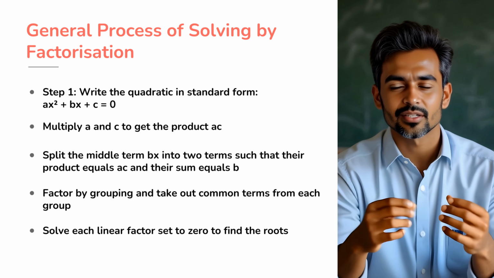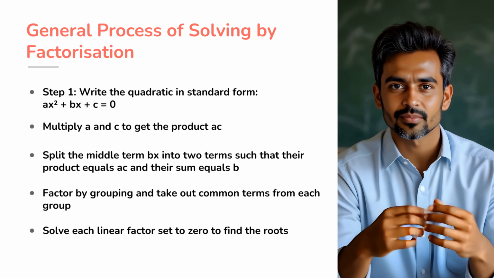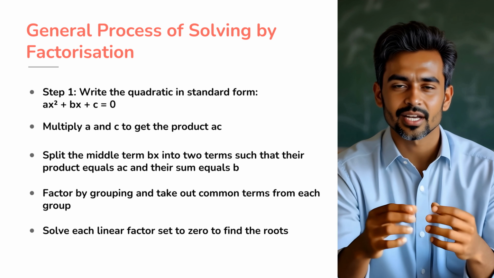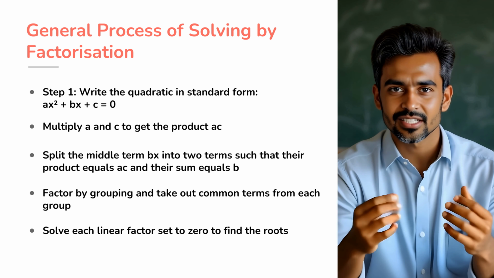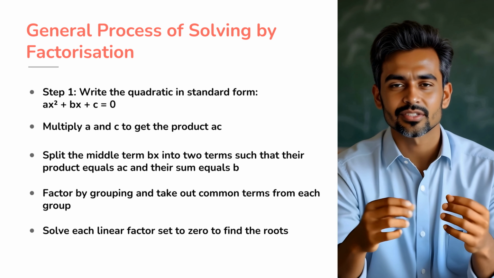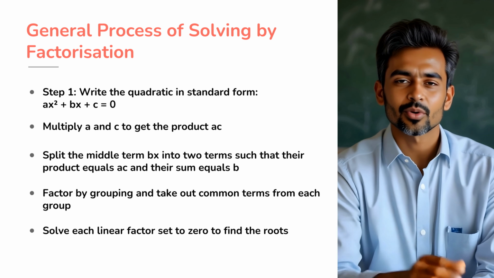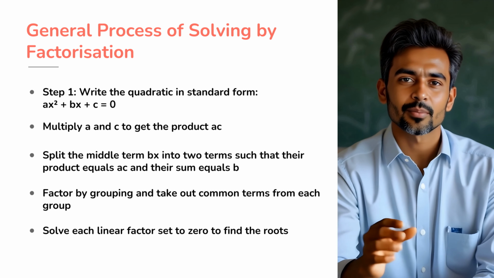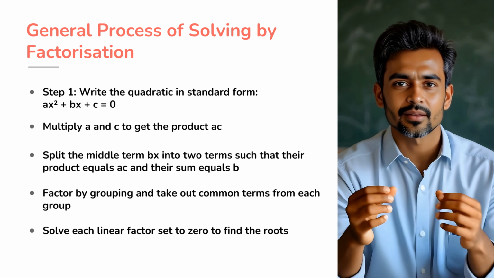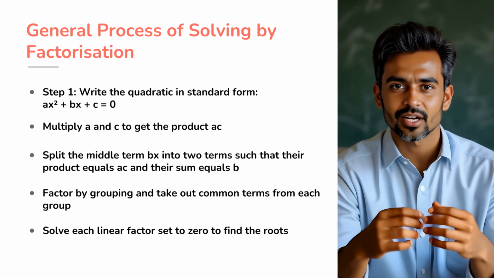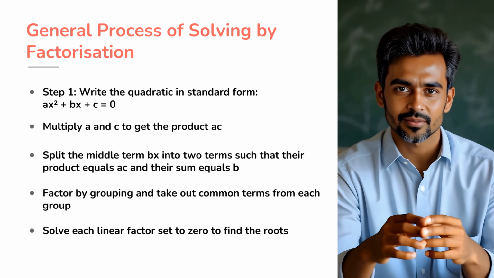Alright, let's learn the method step by step. Step 1. Always begin with the standard form ax squared plus bx plus c equals 0. Step 2. Multiply a and c. This product guides us in the next step. Step 3. Split the middle term bx into two terms whose product is a times c and whose sum is b.